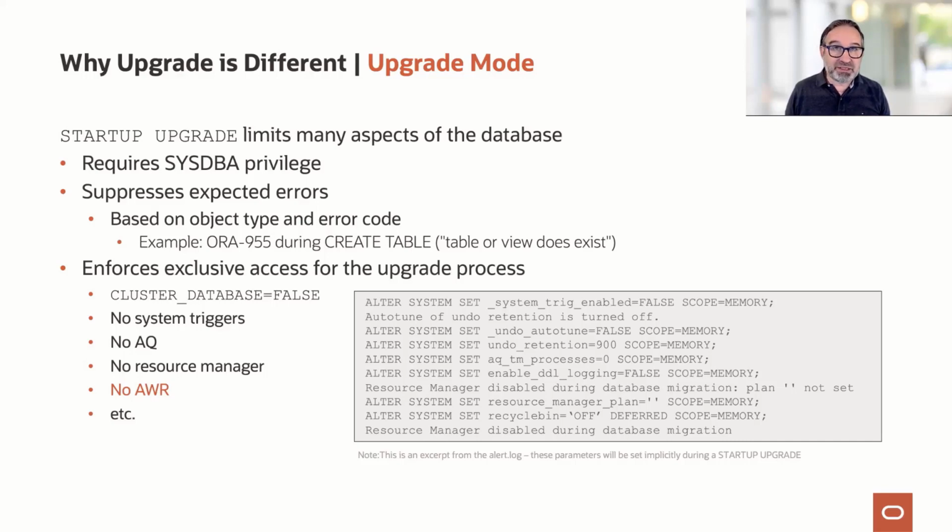So cluster_database is false when we upgrade, no system triggers, no resource manager, unfortunately also no AWR. This is a bit of a tricky piece because if we want to monitor upgrade performance precisely, we have to use other techniques. We can't rely on AWR data because the AWR packages are invalid during upgrade and they don't work.